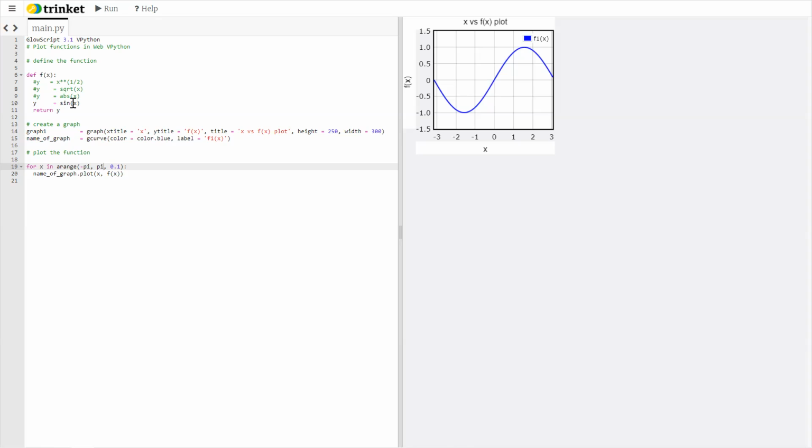But if the input value for x is in degrees, you use the radians function. Meaning if you input a number in degrees, it will convert it to radians and then take the sine of that number. So for example, we start at 0 and then pi is 180.